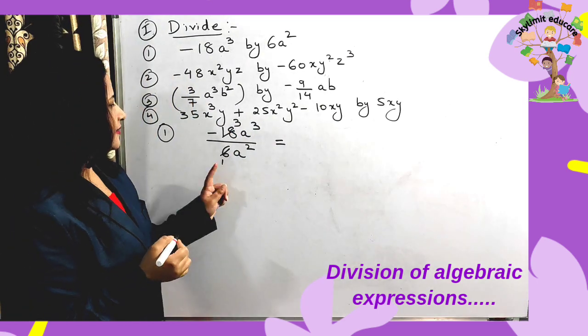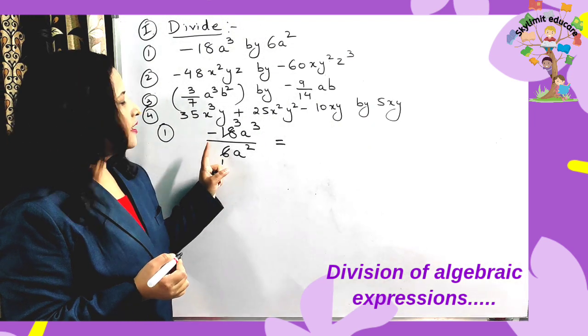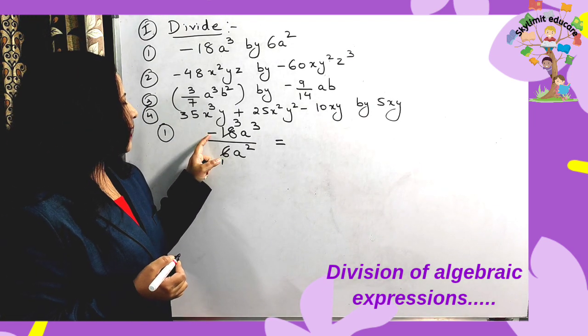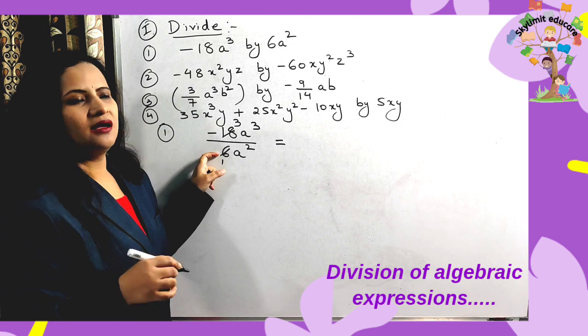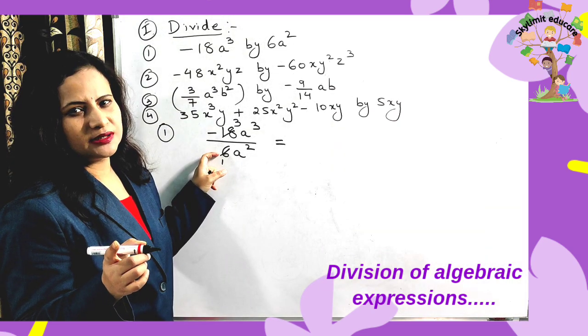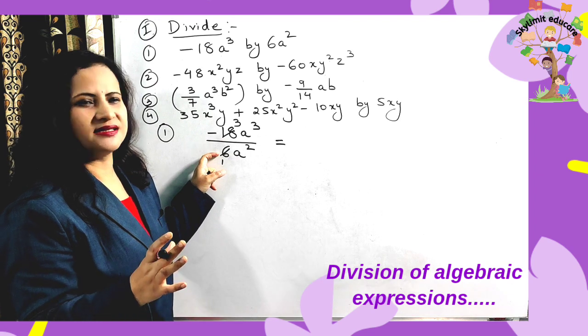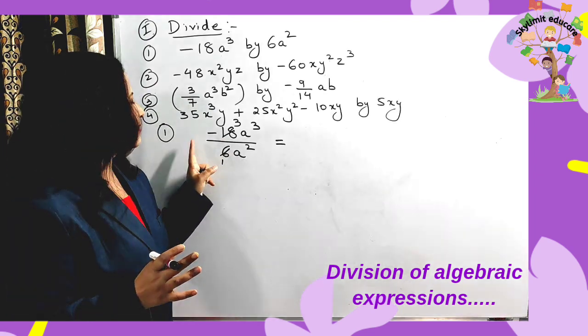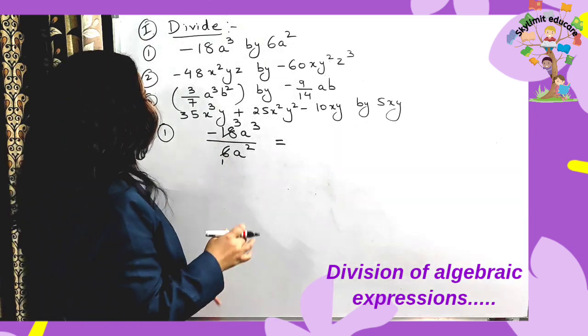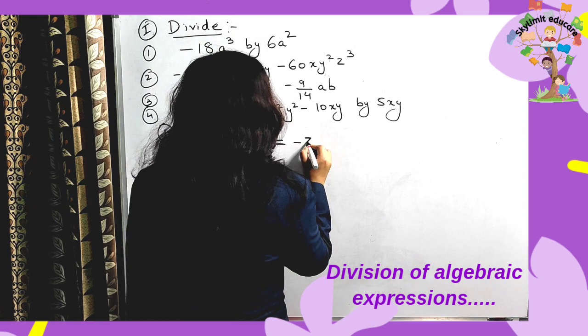This idea is clear, and you know that minus 18 divided by 6 will give us minus 3. Everywhere you see, the rule of integers applies. One is negative, other is positive, answer will be negative. So your answer for the number part is minus 3.